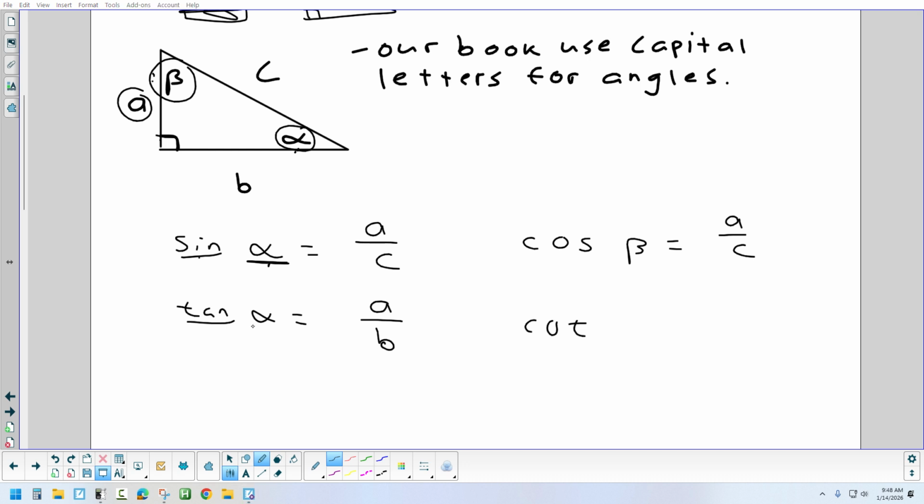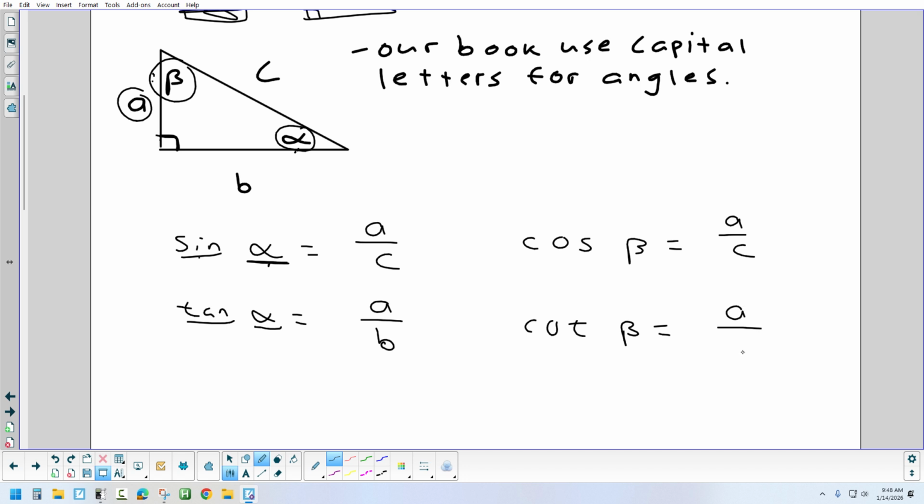And the angle that is complementary to alpha, we just said that earlier, is beta. What's the cotangent of beta? So you're looking for adjacent over opposite, and you're standing at beta. It would just be A over B.